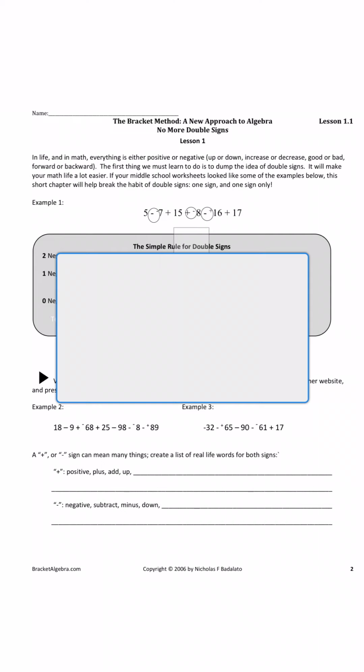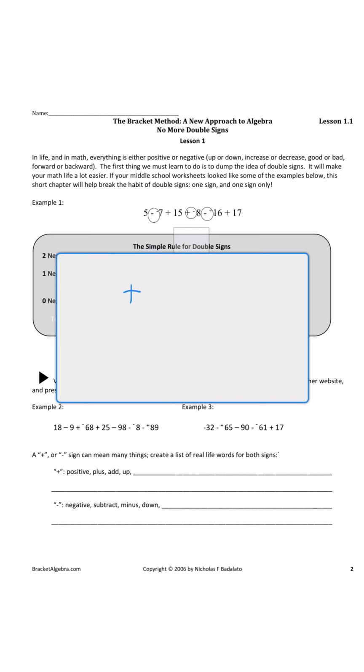Let's do 3 minus a positive 7. And again, we recognize that means minus or subtract, and this means it's a positive 7. But again, in algebra, you will never see these tiny signs representing positive and negative. Instead, you're going to see one big sign every time.